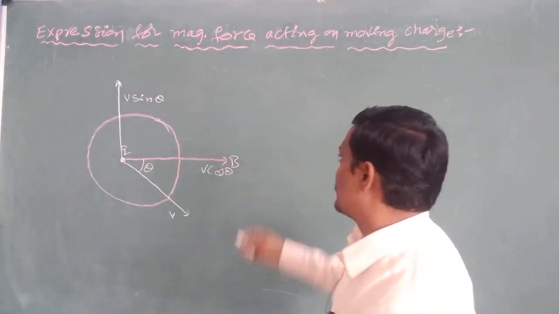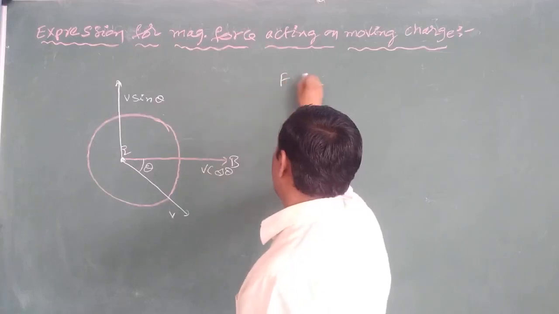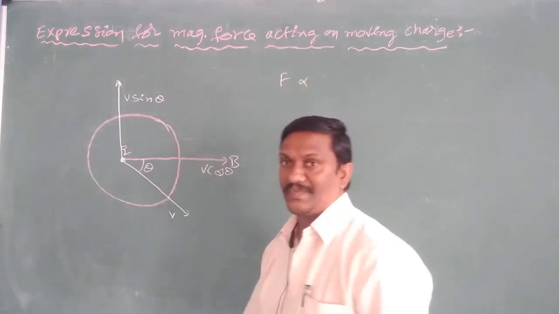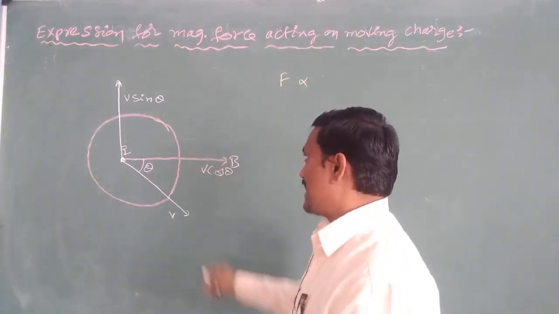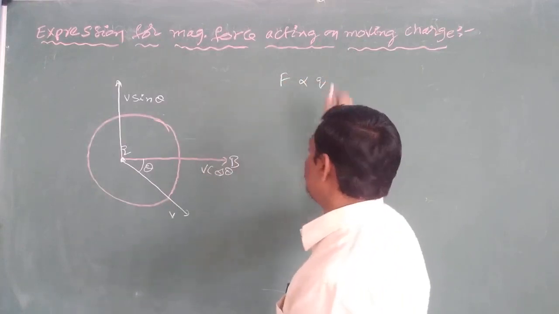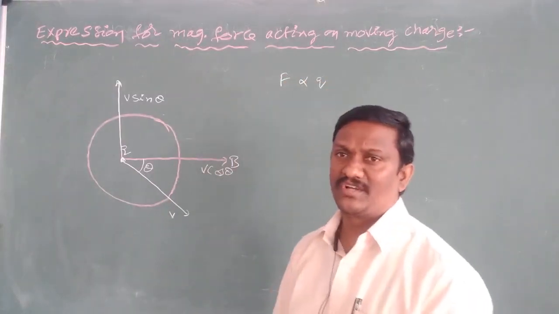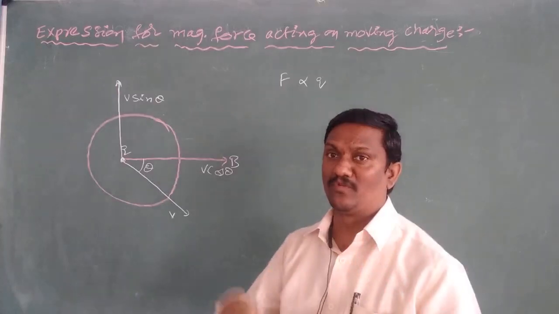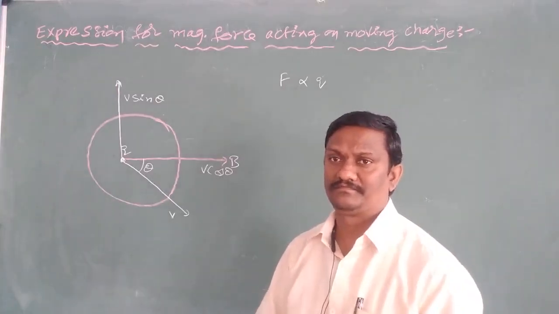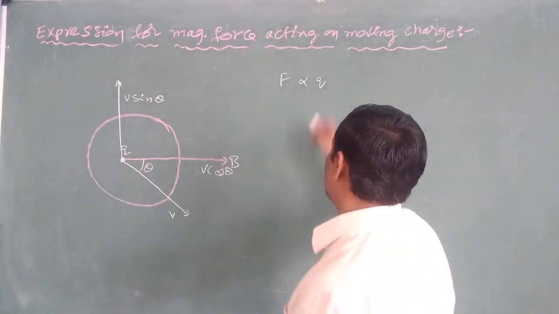According to this, the force acting on a moving charge mainly depends on the magnitude of the charge. If the magnitude of charge is more, it experiences more force. It also depends on the strength of the magnetic field.